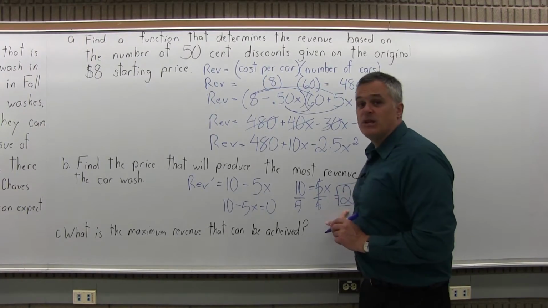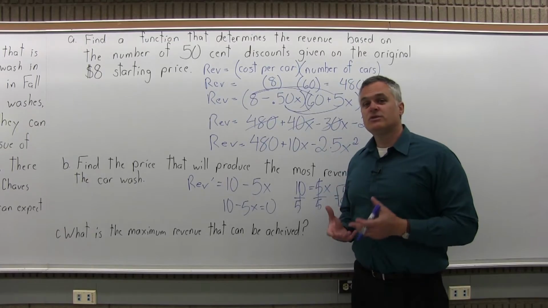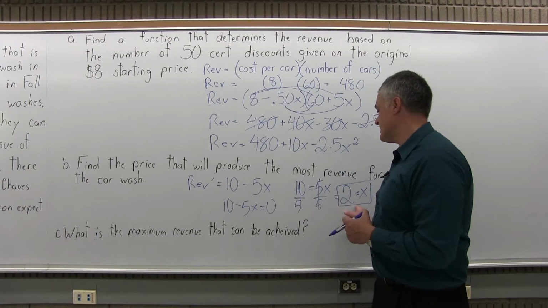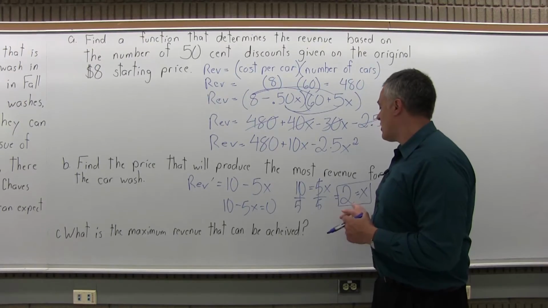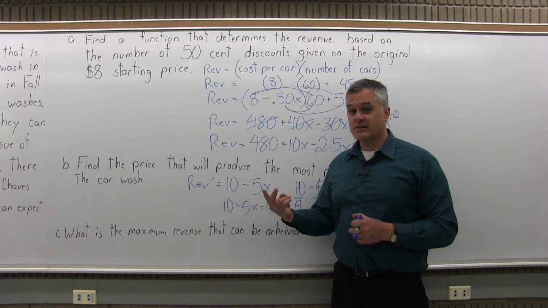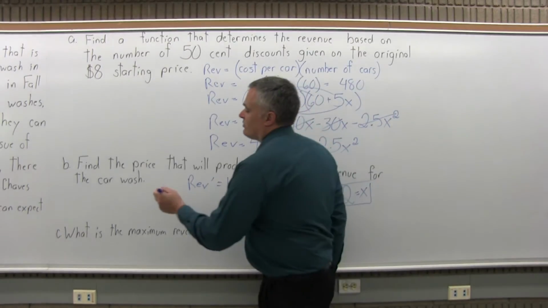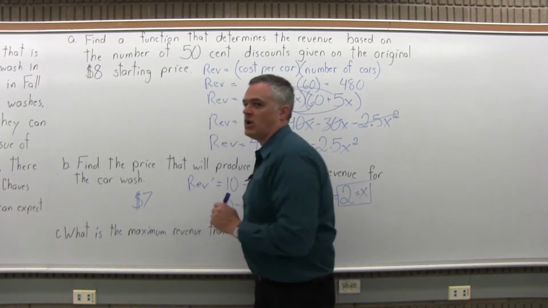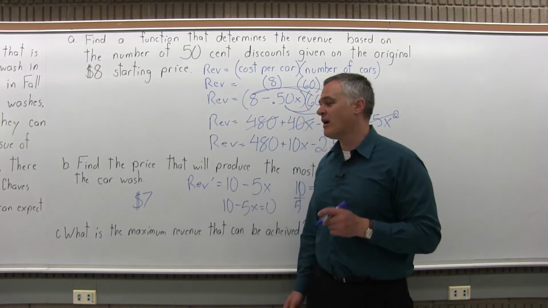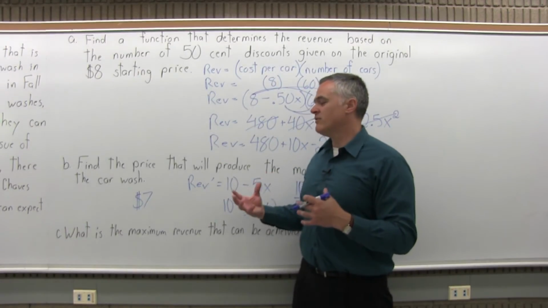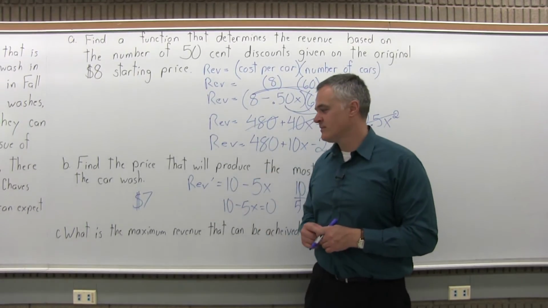So that's telling me the number of 50-cent discounts that will produce the ideal revenue is 2 discounts of 50 cents. If you're starting at $8, if I take 2 discounts of 50 cents, the ideal price that will produce the most revenue is $7. If you charge $7 per car, the additional cars that come in, even though you're making less per car, will give you the most revenue possible.